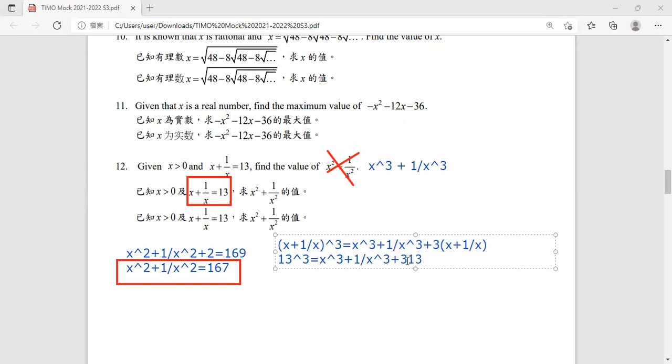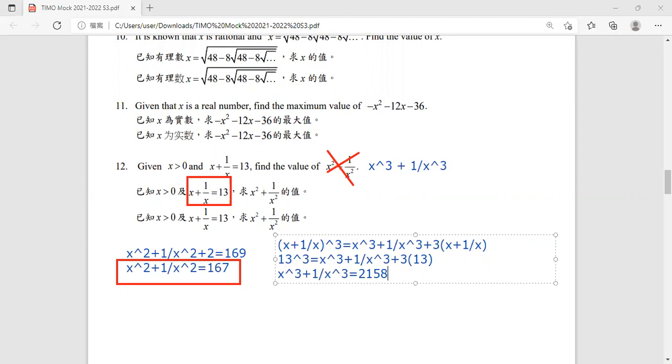It's 13. So the answer will be what? Answer like this. We need 266.